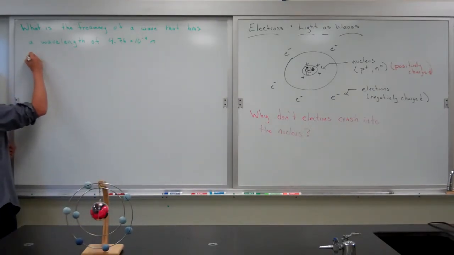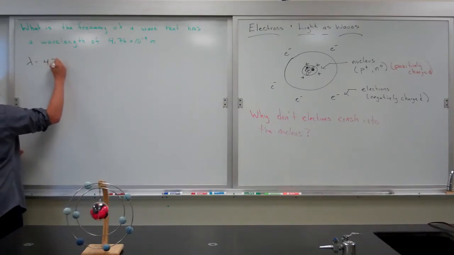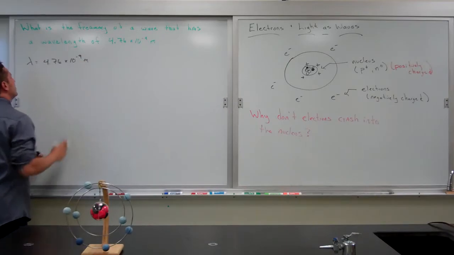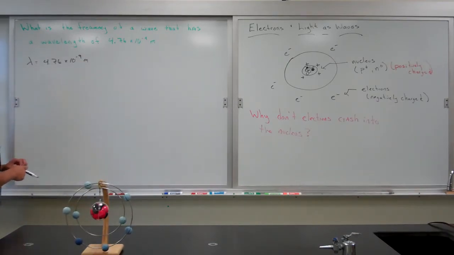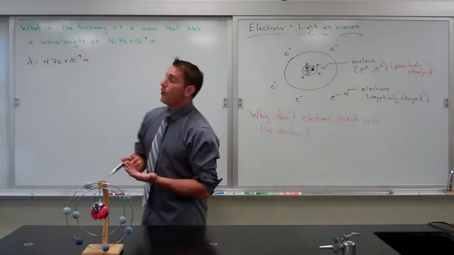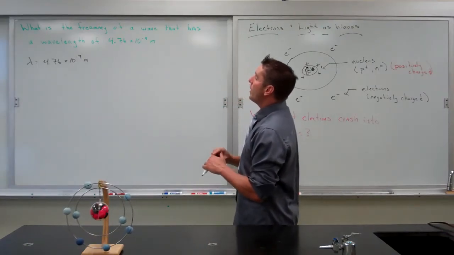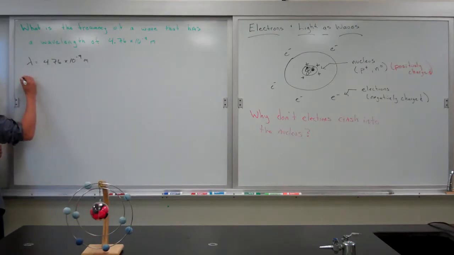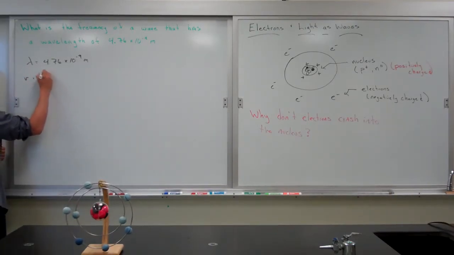So I'm going to label the 4.76 times 10 to the negative 9th meters as wavelength. Once I'm done with numbers, I look at what the question is asking me to find. What is the frequency? Frequency gets a lowercase v. That's what I'm looking for.